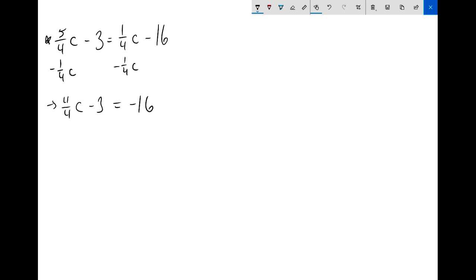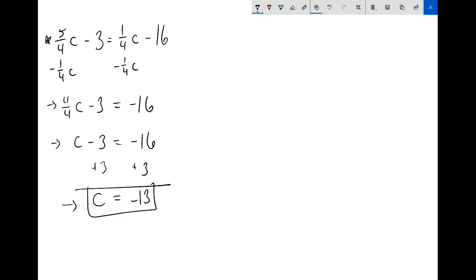But what is 4/4? 4/4 is just 1, right? So this one actually works out nicely because when you take away the 1/4, it just becomes a c, and then you can finish this one off by just adding 3, and so you'd get c equals, it looks like, negative 13. That's one way you can do it, and you can just deal with the fractions.